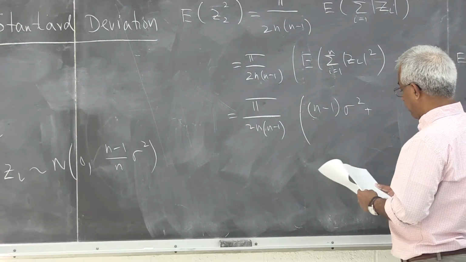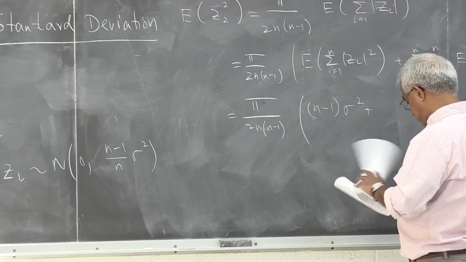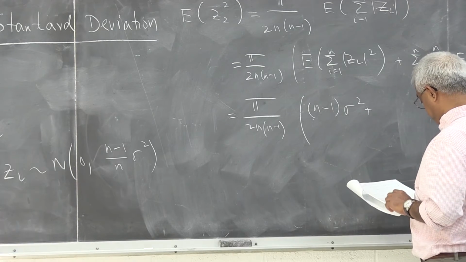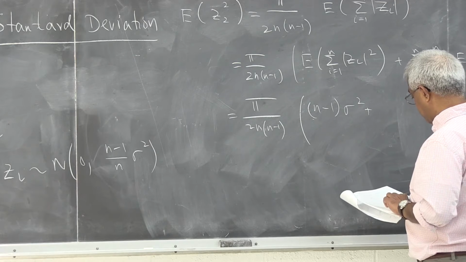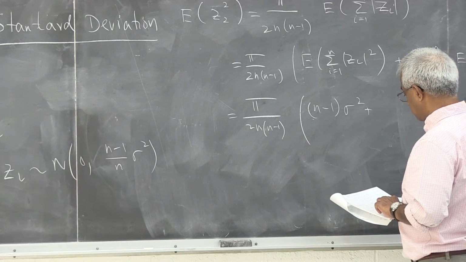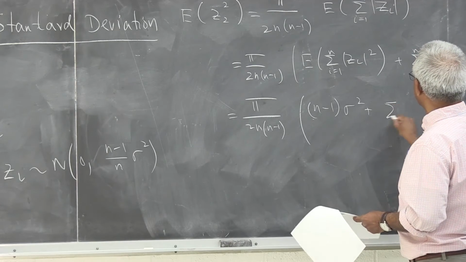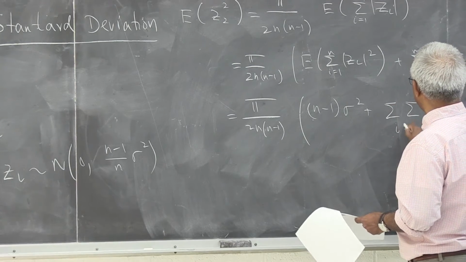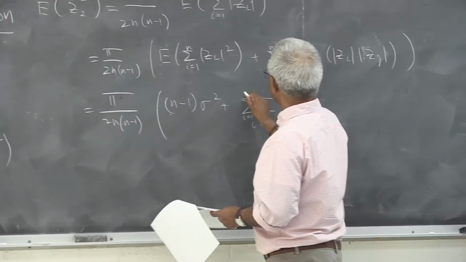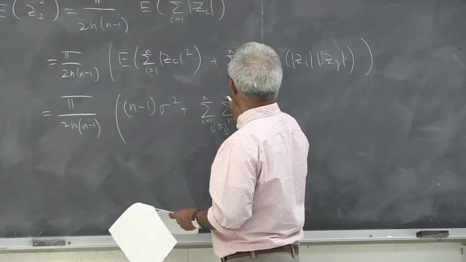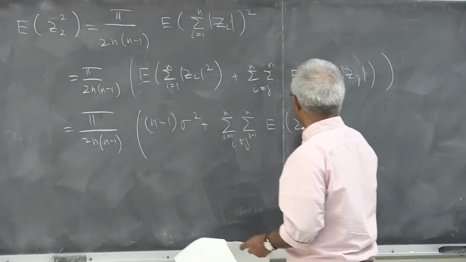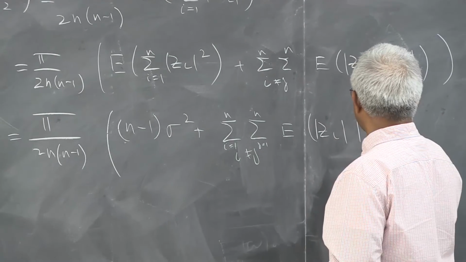And so the difficult part, or the interesting part, is here: i not equal to j, i equal to 1 through n, j equal to 1 through n, the expected value of the absolute value of zi times zj.